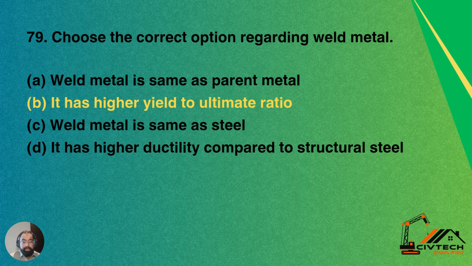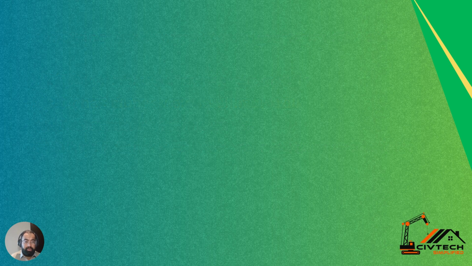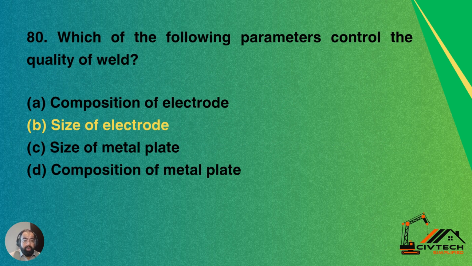Now we have to select the correct option regarding weld metal. So option B here is correct, which is it has higher yield to ultimate ratio. This would be the correct option, and the other three are wrong. So B is the correct answer for this question.